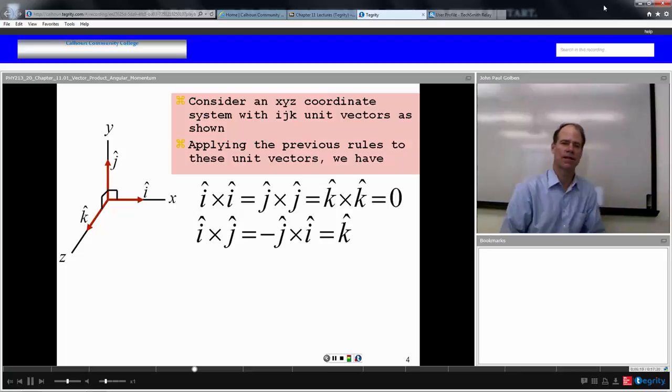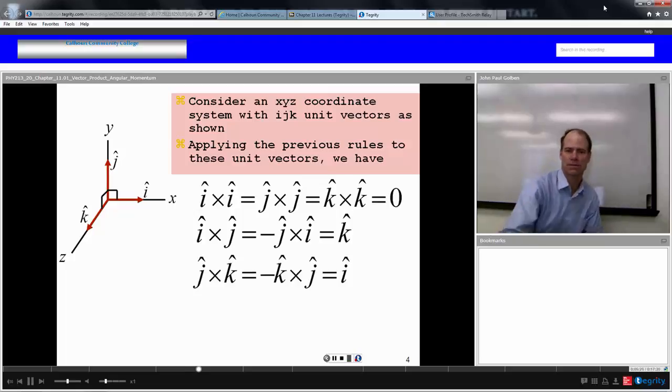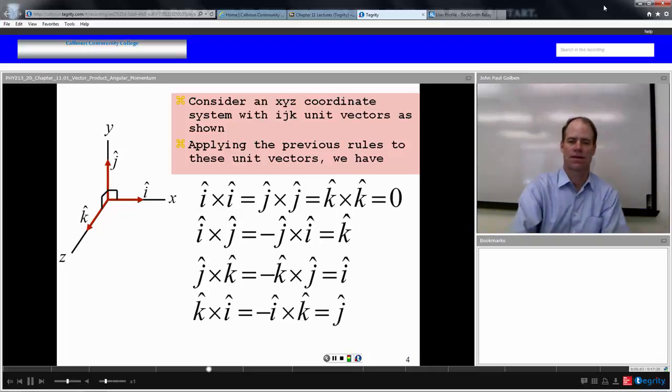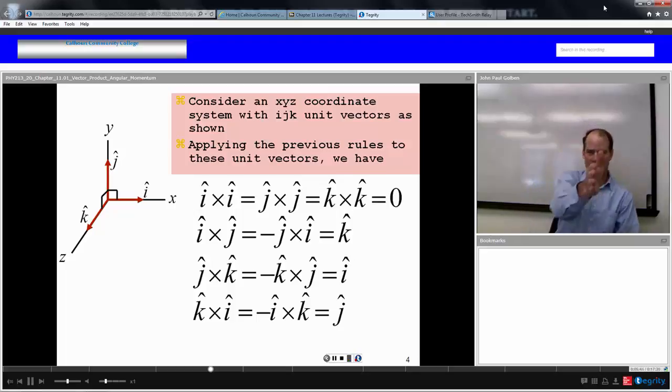If I did negative j cross i, I'm pointing in the k direction towards you. j cross k: if I did j cross k, I'm pointing in the i direction. Or if I did negative k cross j, I'm pointing in the i direction. k cross i: if I did k cross i, I'm pointing j. If I did a negative i cross k, I'm doing j.